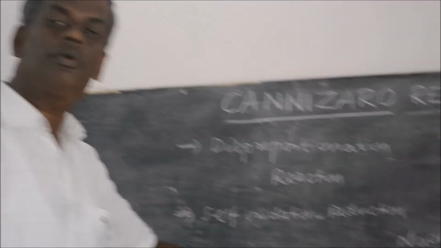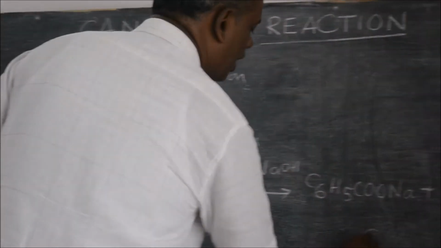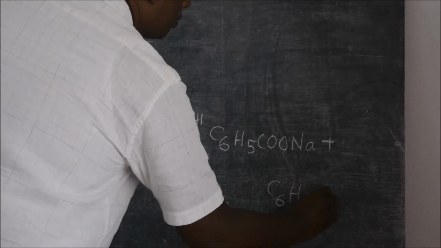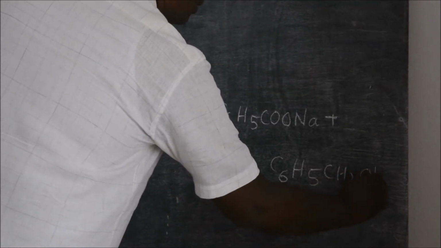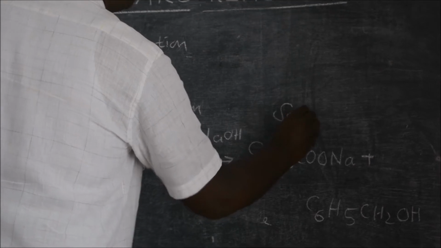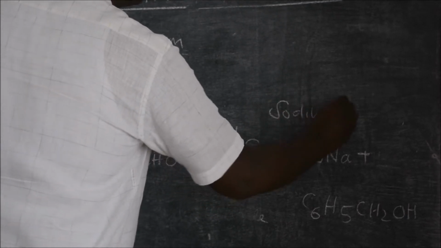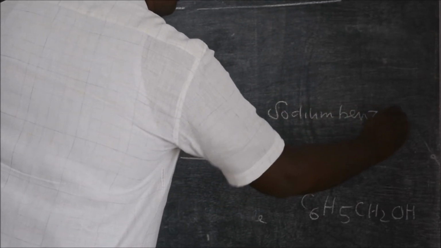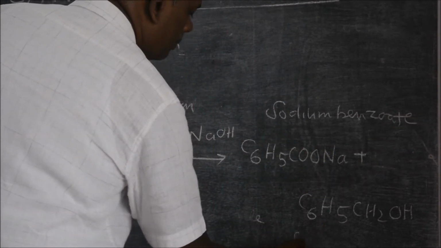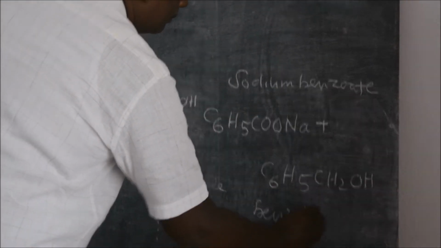And the reduced product of benzaldehyde is benzyl alcohol, C6H5CH2OH. So this is nothing but sodium benzoate, and this is the compound called benzyl alcohol.